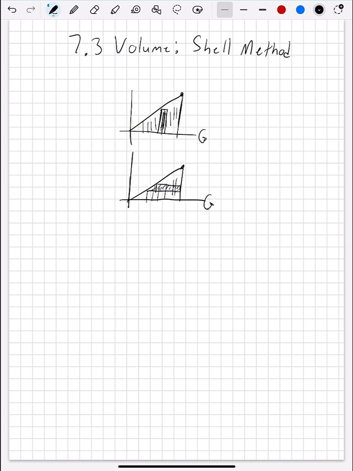And so if we're rotating around the horizontal axis, the x-axis, then the volume is equal to 2 pi times the integral from c to d of p(y) h(y). p(y) represents the distance between our rectangle and the axis, and h(y) represents the height of our rectangle.